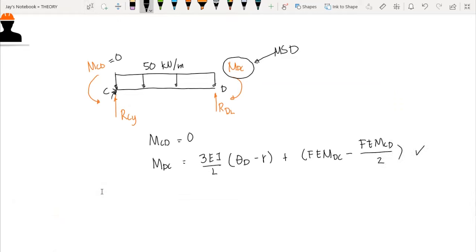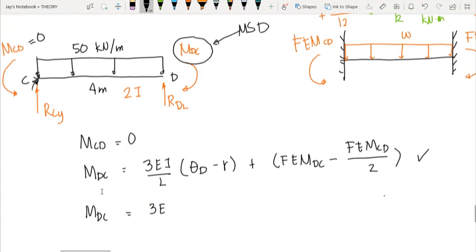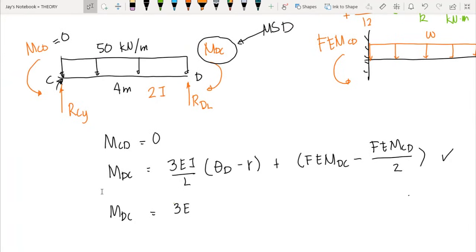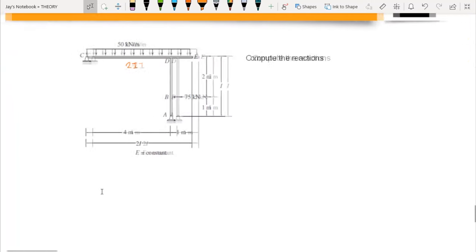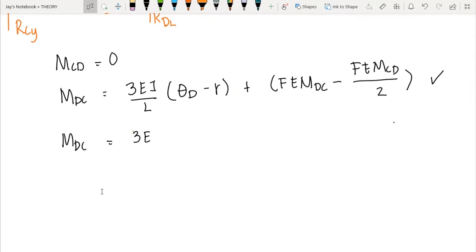This equation is only applicable if the moment at the far support is 0. Now take note, the moment of inertia of members CD and DE is twice the moment of inertia of DA.